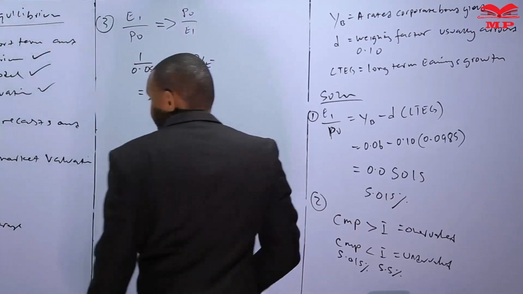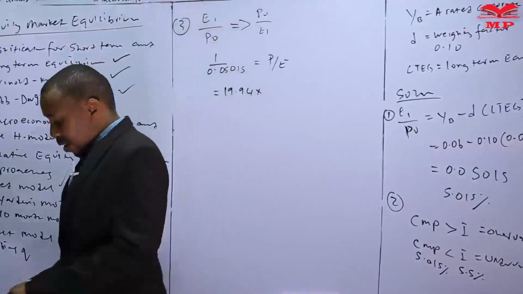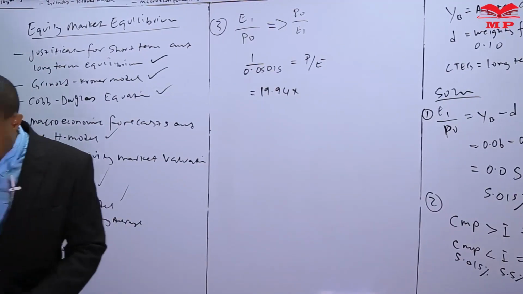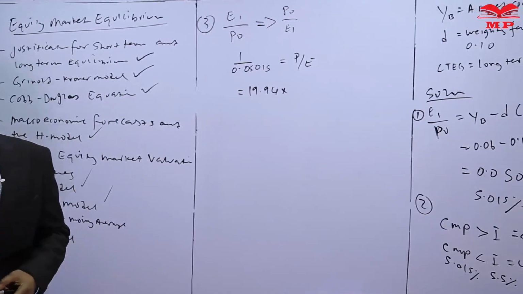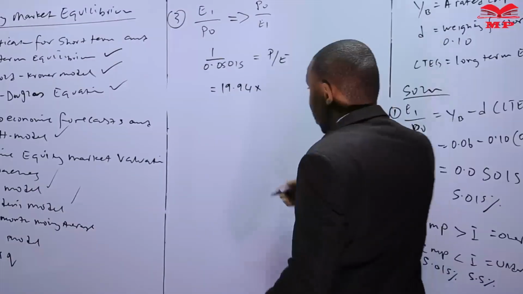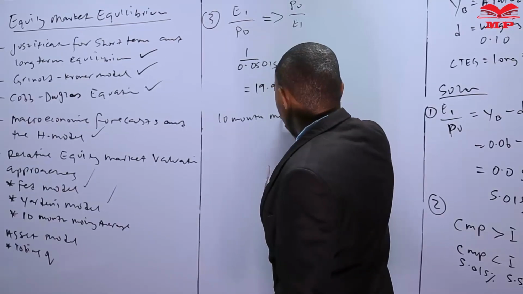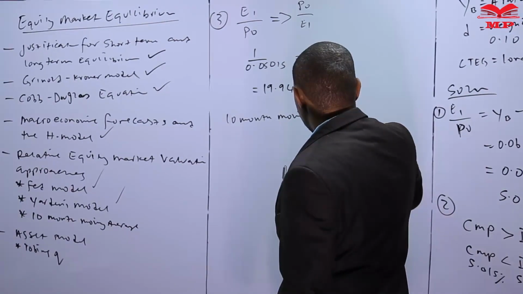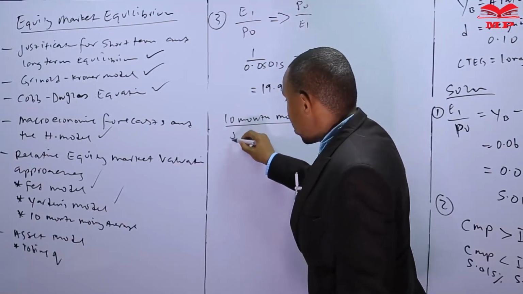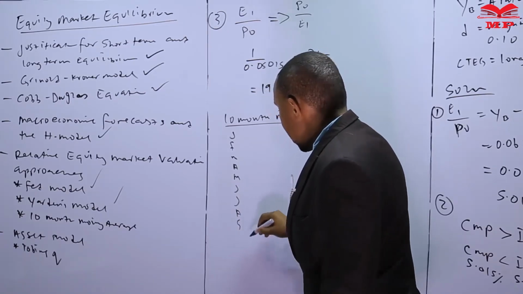Having looked at the Fed model and the Yardeni model, we now look at the 10-month moving average. What we need to understand is that it is not usually used, because it requires an individual to get the earnings for the 10 months: January, February, March, April, May, June, July, August, September, and October.